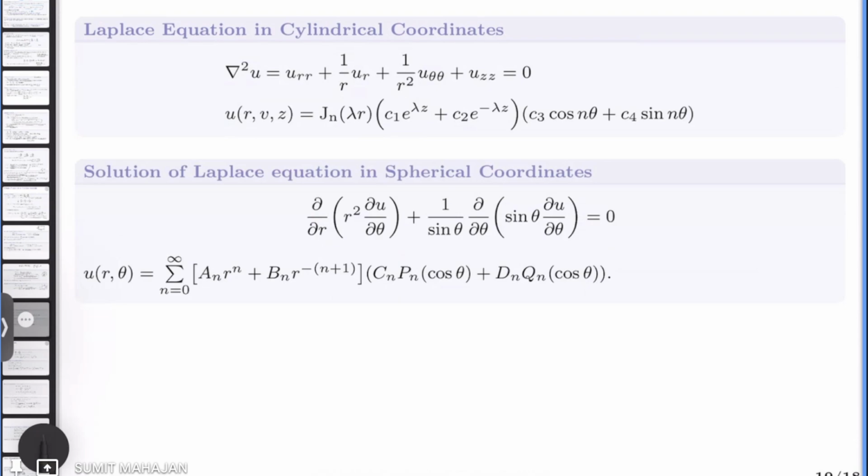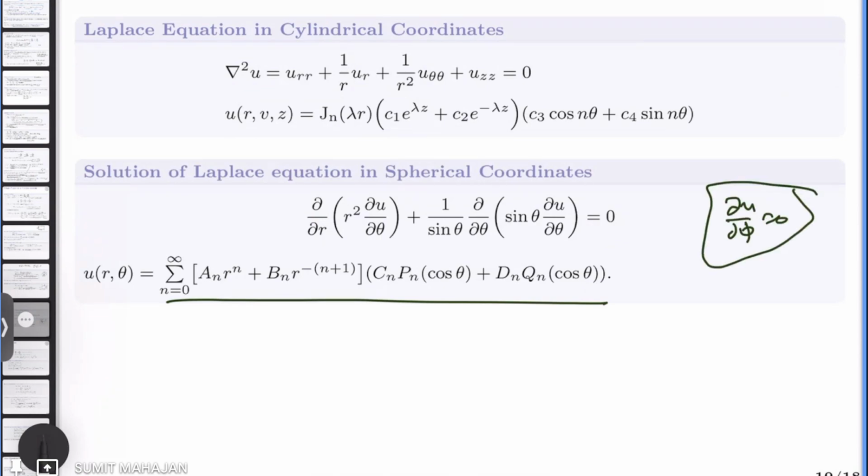And the solution of the Laplace equation in the spherical coordinate system will be given by this. In the spherical coordinate system we are assuming the axial symmetry, so the term corresponding to del u upon del phi will be equal to 0, and in that case the solution u(r, theta) will be given by this, where P_n and Q_n are the Legendre polynomials, first and second kind, which we have already discussed in the 10th and 11th classes.